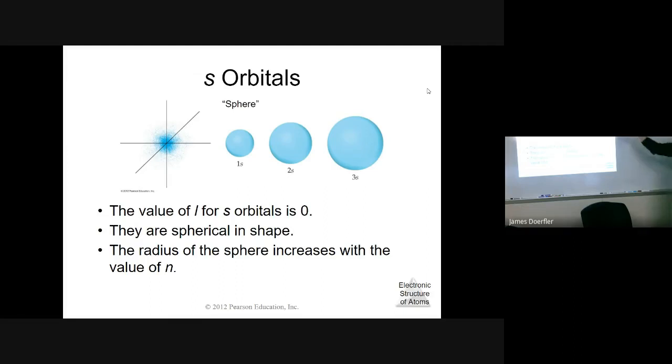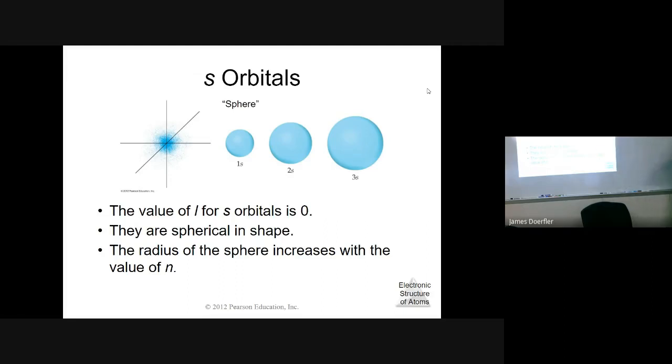Section 6 is a really good section to go over the values and the shapes and everything like that for these orbitals. So again, we call it the sphere orbital. It has an L value of 0, as we just did. The radius of the sphere will increase with the value of n. Again, as we progress into larger values of n, we still have s orbitals present on each energy level.